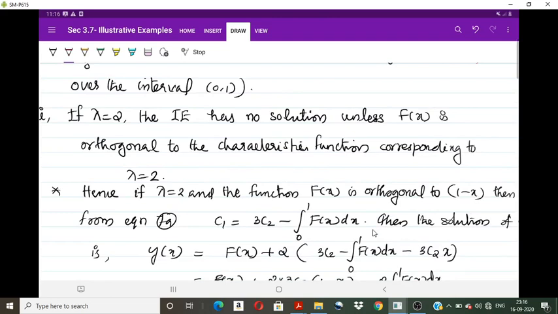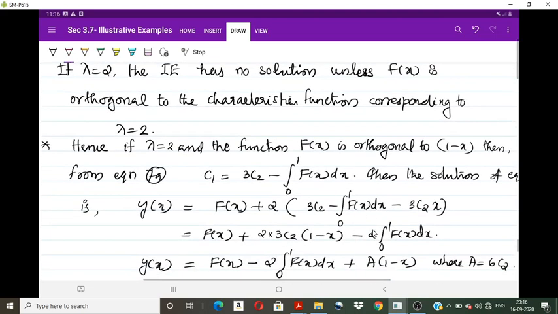Hence, if lambda equal to 2 and the function F of x is orthogonal to 1 minus x, then from equation 7a we have c1 is equal to 3c2 minus the integral 0 to 1 of capital F of x dx. So from one of the equations we can write c1 as 3c2 minus integral 0 to 1 F of x dx.